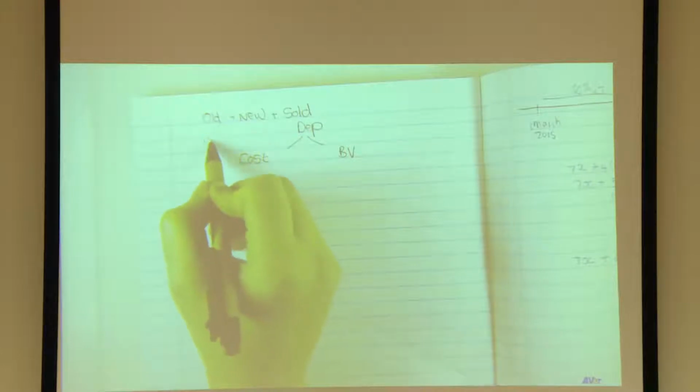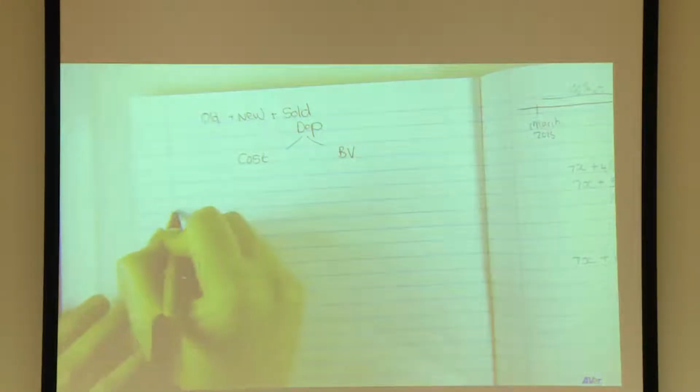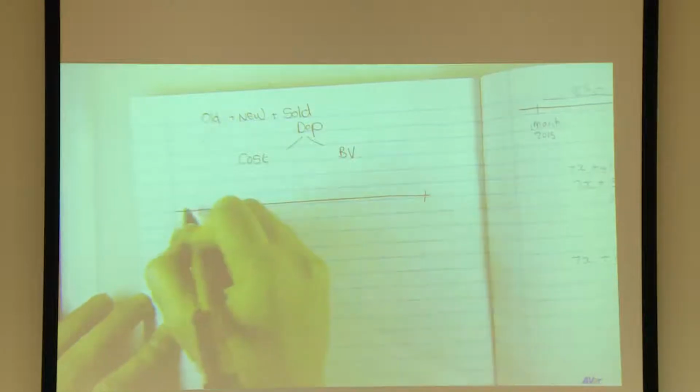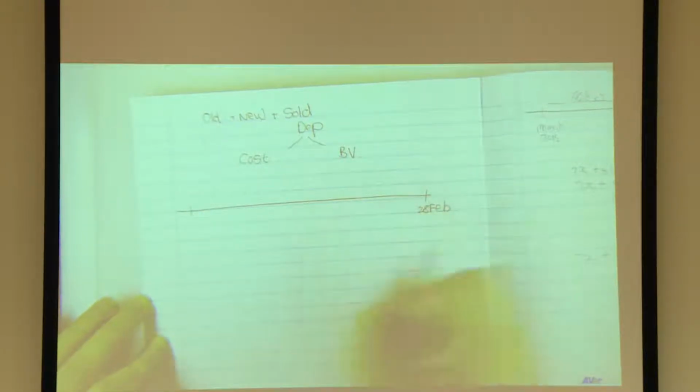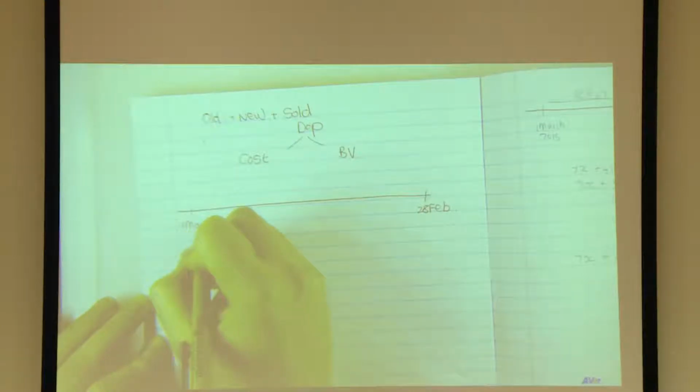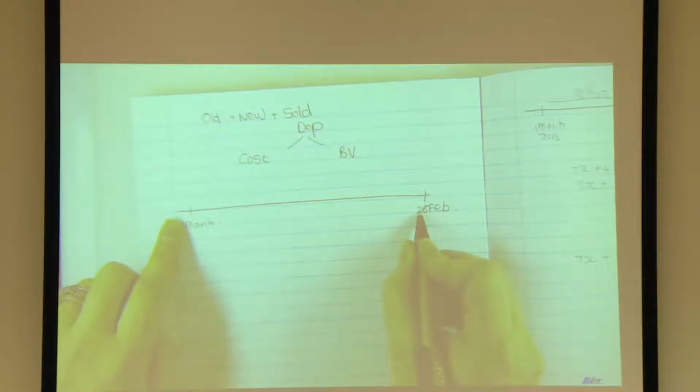What did we have since the beginning of the accounting period until the end of the accounting period? If I draw this on a timeline, if our accounting period ends 28 February and it starts the 1st of March, we look at what our depreciation was on the remaining for 12 months.